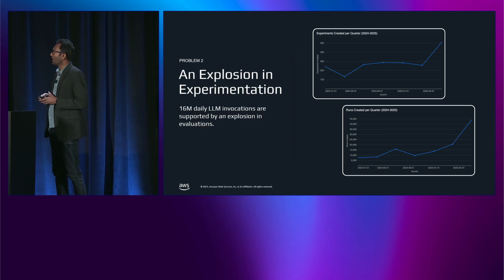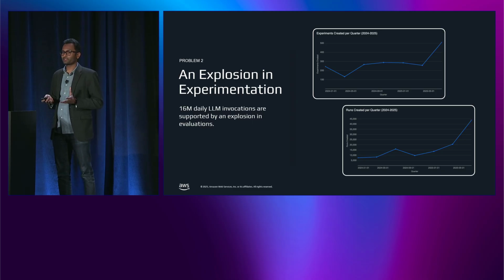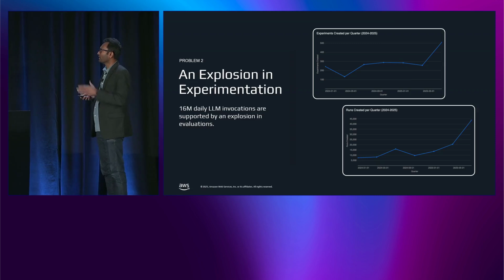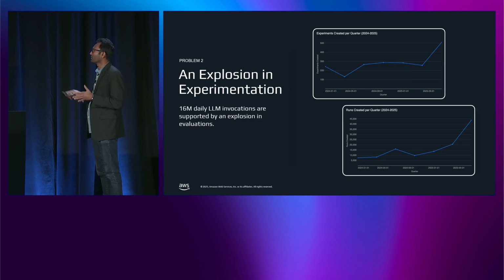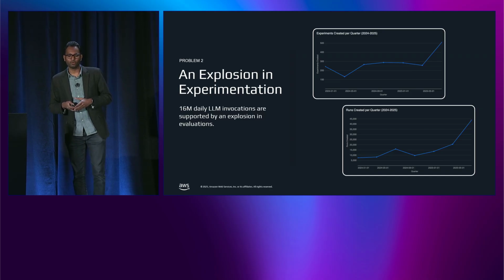If you see, the charts are going vertical towards the end of 2024, and in 2025, there are more than 1,000 new experiments created in just the last 3 quarters, and within those experiments, we have more than 43,000 runs in Q3 of 2025 alone.